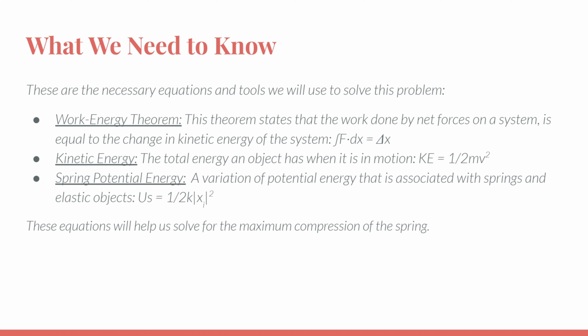This can be modeled by kinetic energy equals 1/2 mv squared, where m is mass and v is velocity. Next, we have the spring potential energy, which is a variation of potential energy that is associated with springs and elastic objects. This is modeled by 1/2 kx squared, where k is the spring constant. These equations will help us solve for the maximum compression of the spring.